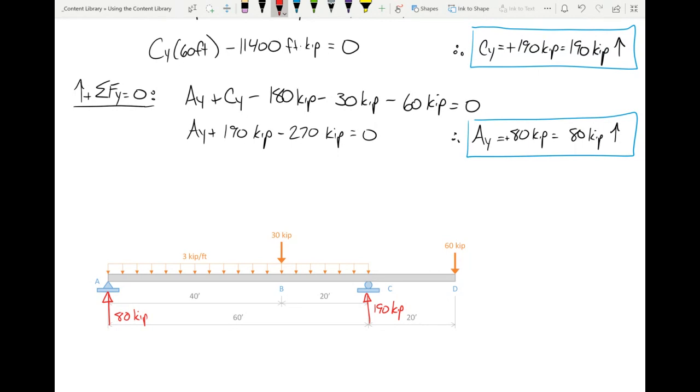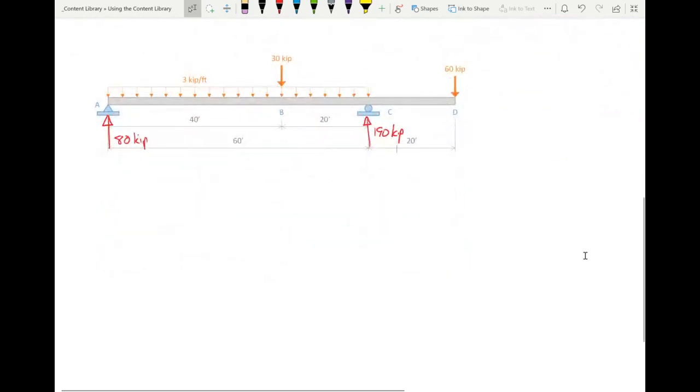If you need me to scroll back up or take my time, let me know. I don't want to rush through this. Okay. So we've got our reactions figured out, and so now we're ready to start drawing our shear diagrams and moment diagrams.